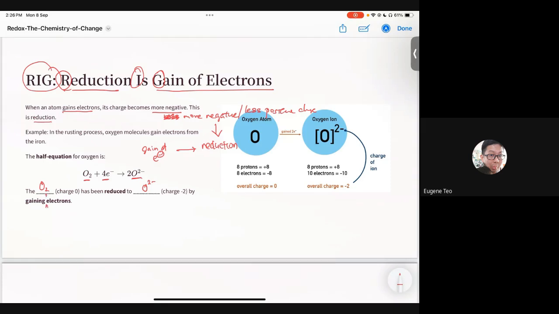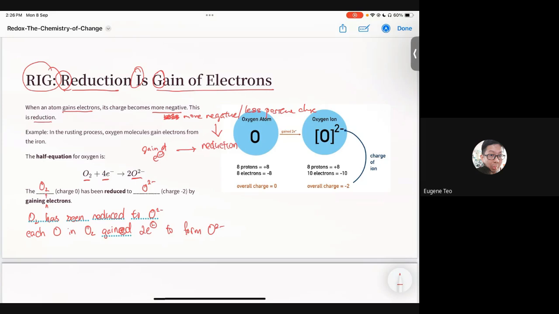Do you realize here, how come I never write electrons? So actually what's happening here is this. If you want to rephrase this, it will be that O2 has been reduced to O2 minus. Now, do you realize this is O2? Hence, I'm going to say each of the oxygen in O2 gained 2 electrons to form my O2 minus.